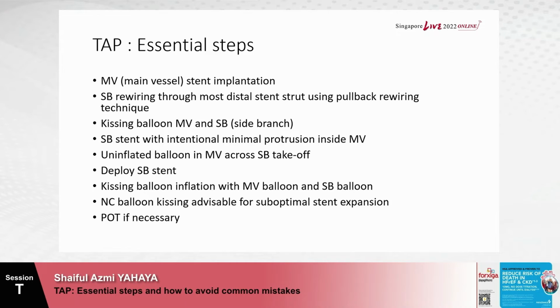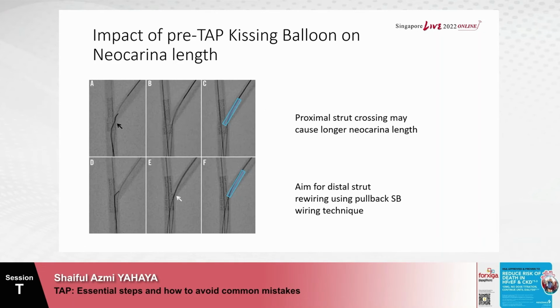Subsequently you put in a side branch stent with intentional minimal protrusion into the main vessel, and then with an uninflated balloon in the main vessel across the side branch takeoff, deploy the side branch stent, and do the final kissing inflation with the main vessel balloon and the side branch balloon. If you want a good result, you should use NC balloon kissing, because sometimes you can have suboptimal stent expansion, and you can finish off with a POT if necessary.